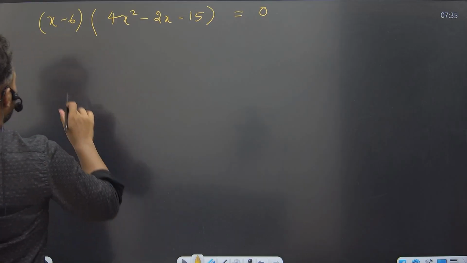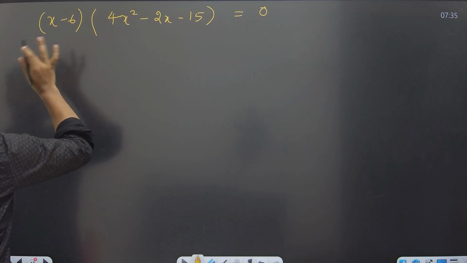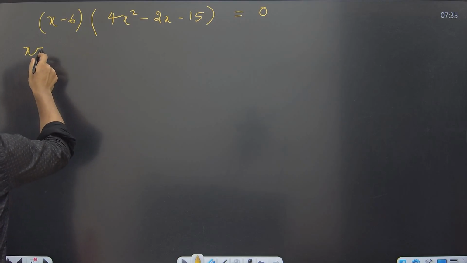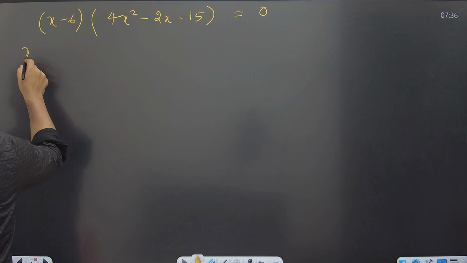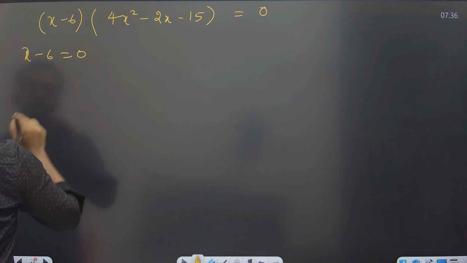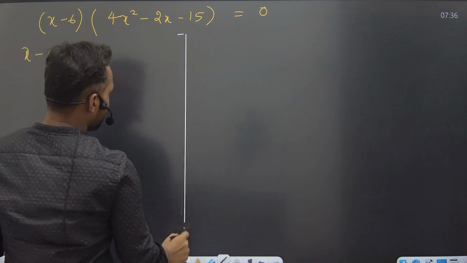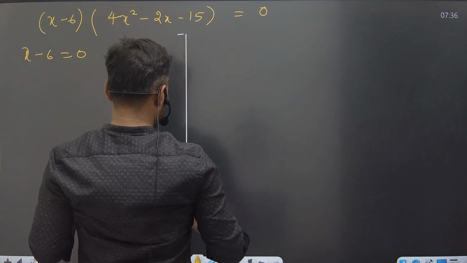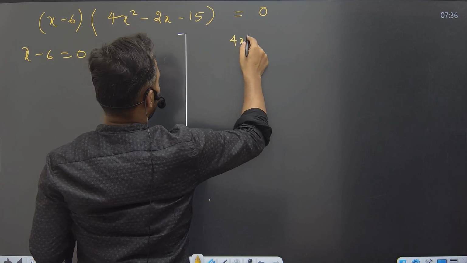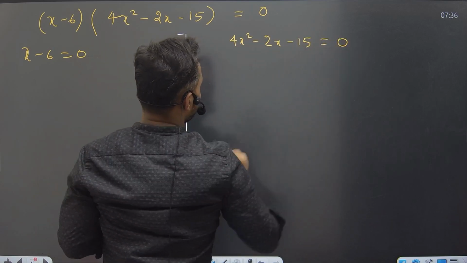From here we already know that one value of x will be equal to 6, which we have already operated. So x minus 6 equals 0. Now for the second part, we need to see it carefully, student. This part will also equal 0. So 4x square minus 2x minus 15 will also be 0.